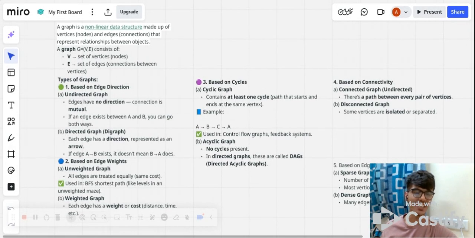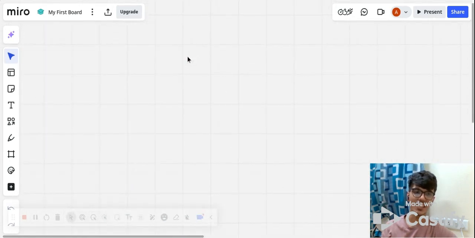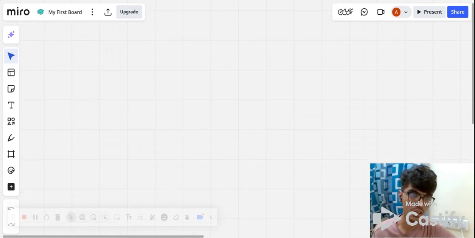So the first topic that we'll be learning today is graphs. I'm in the third semester of my college, and we have finished trees and all, and I thought we should start learning about graphs because that is a crucial topic from the point of view of interviews as well as competitive programming.